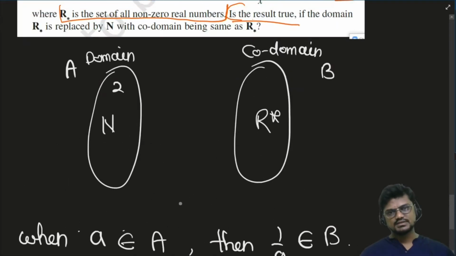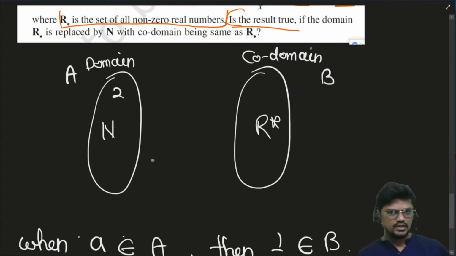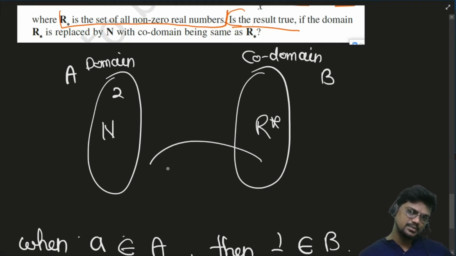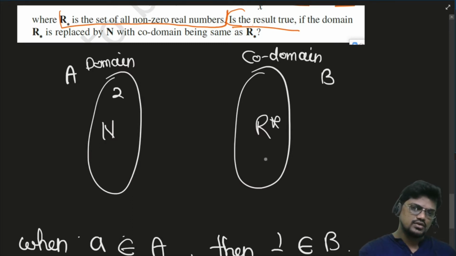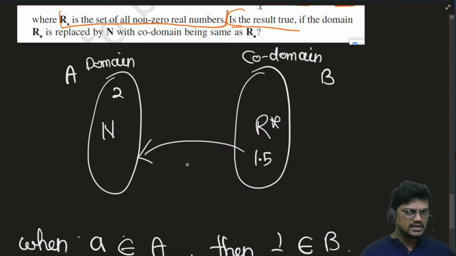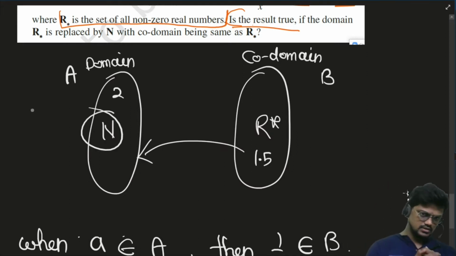Now the next case, the same thing. If I write any values over here in R star, will I get the pre-image? If I write 1.5, will I get the pre-image, and that should be a natural number. Will I get a natural number or not?